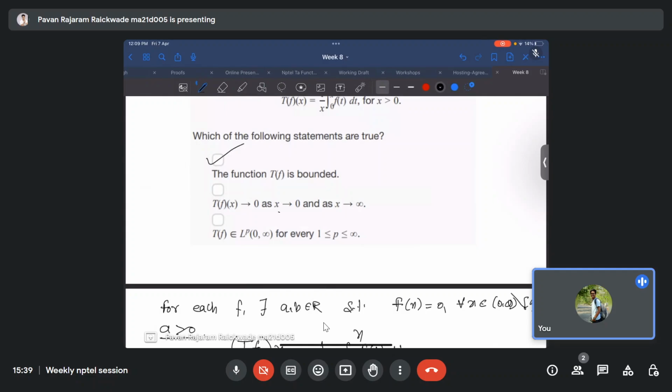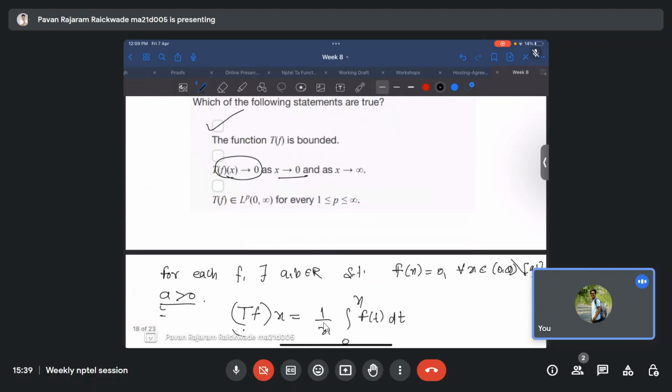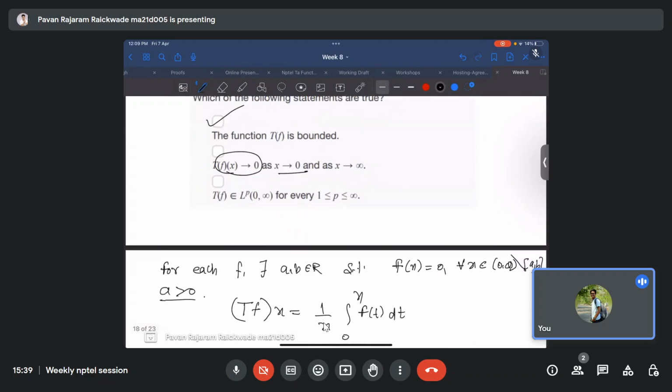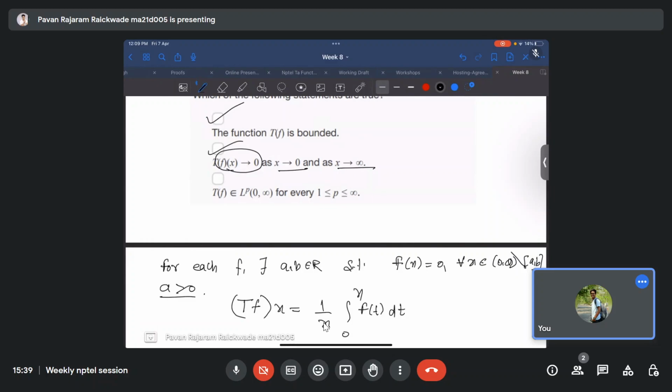If x goes to 0, Tf goes to 0. And if x goes to infinity, then at some point it's going to be greater than b, and when it's greater than b, the value is c_f by x. As x goes to infinity, this goes to 0. So this option is correct.